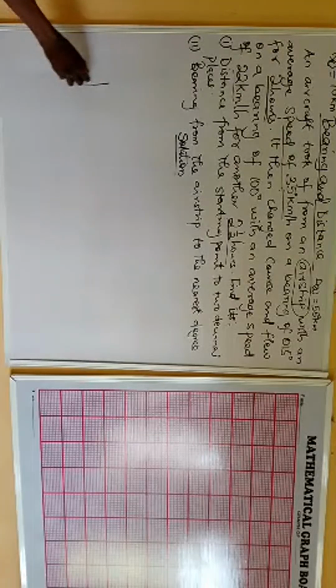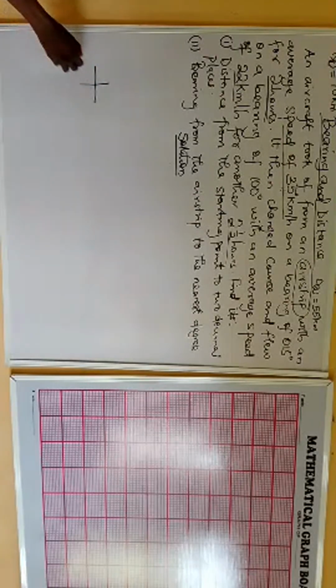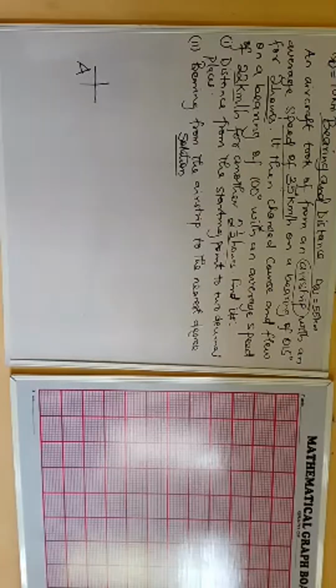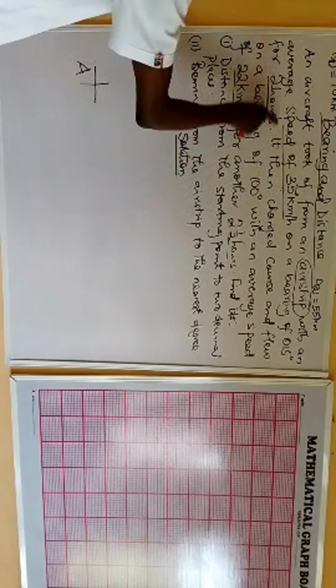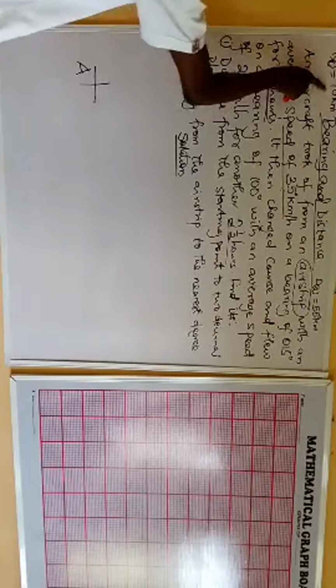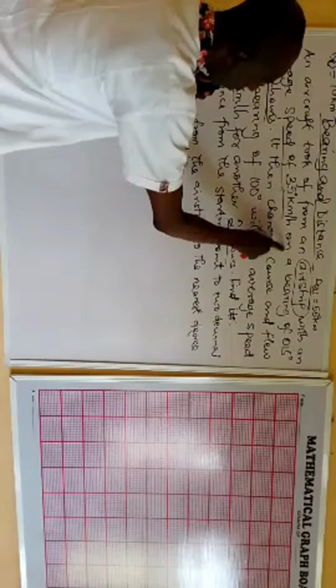Before you draw, you must understand your four cardinal points. Let me use A to represent the airstrip. Proceeding, with an average speed, we have already calculated the distance, on a bearing of 015 degrees.